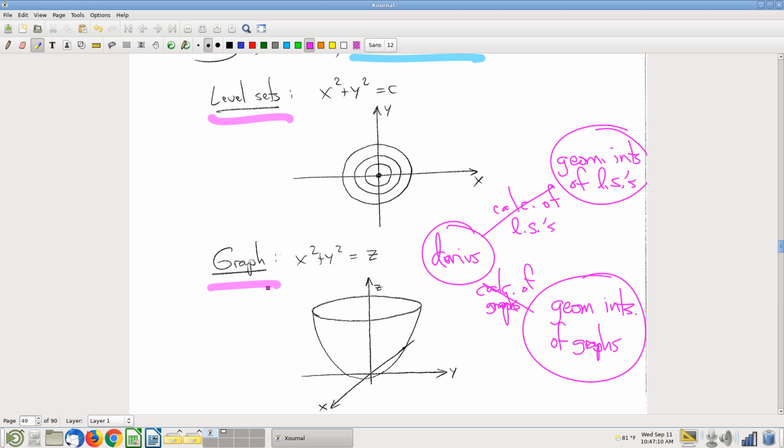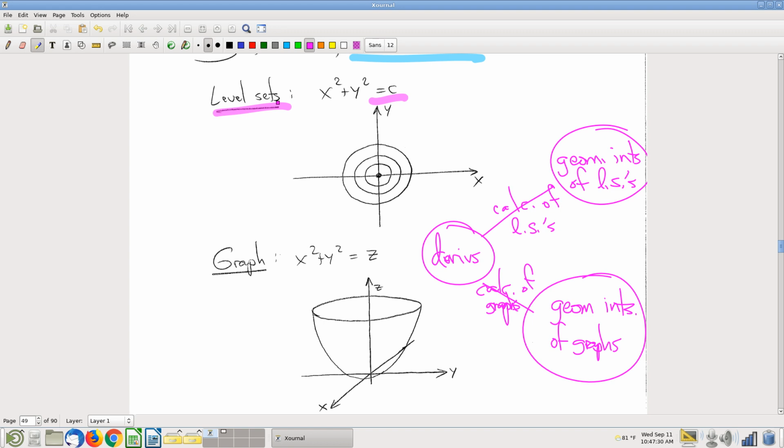So this is what you've got to be real careful about. When you say graph going forward, don't just think, it's the picture, come on, it's the function. No, it's a very specific kind of picture. And level sets are a different, very specific kind of picture.